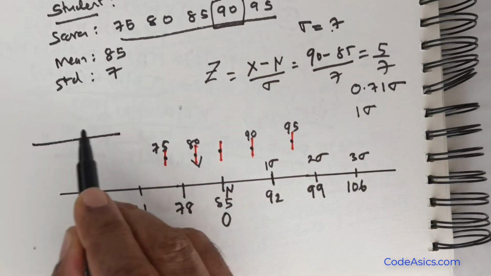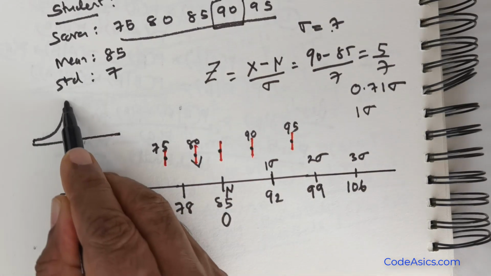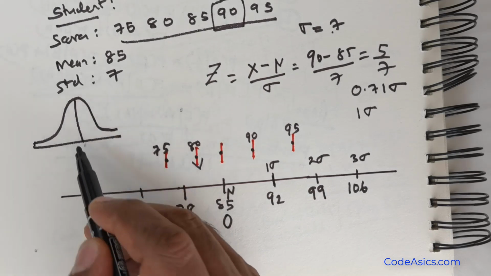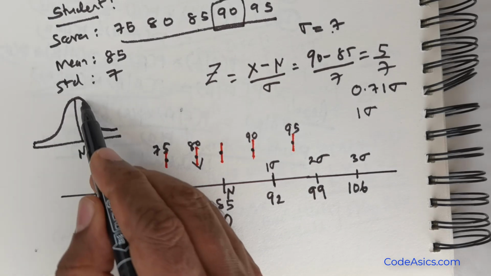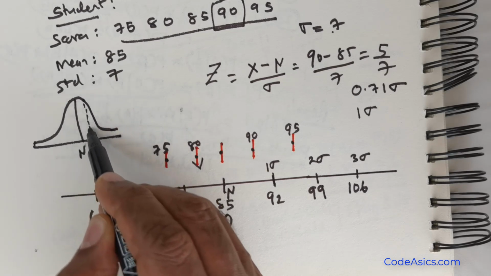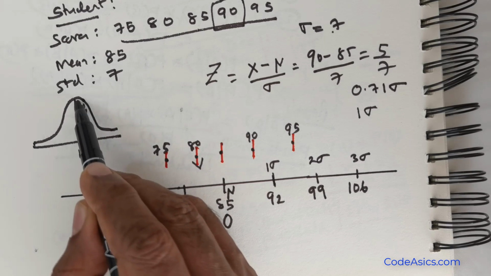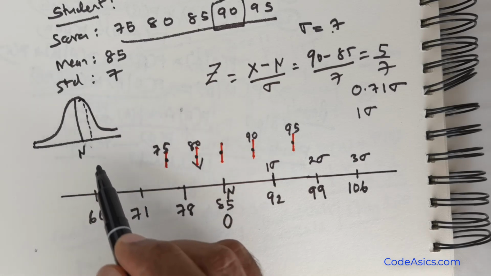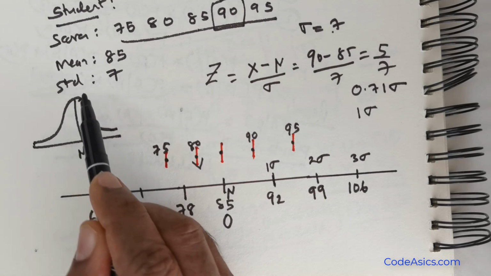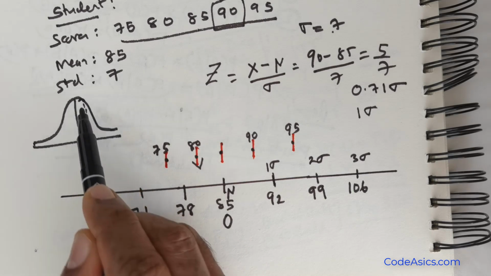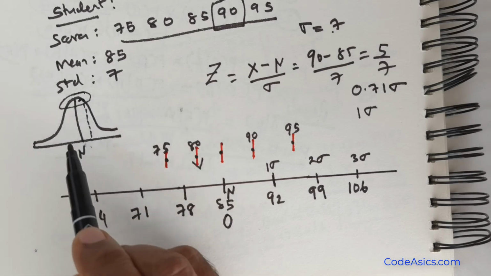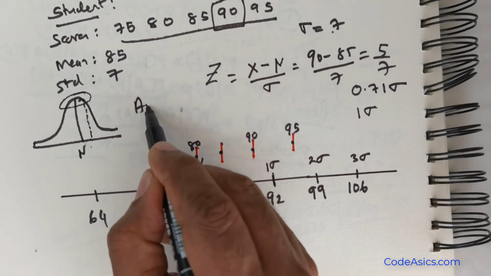So that would mean if I were to draw the bell-shaped curve, this is the mean, and we have the standard deviation over here, 1 sigma, and this value is closer to the mean. So that would mean the accomplishment of the person is not all that high, because as long as you have a value which is hovering around the mean, it is considered average, right?